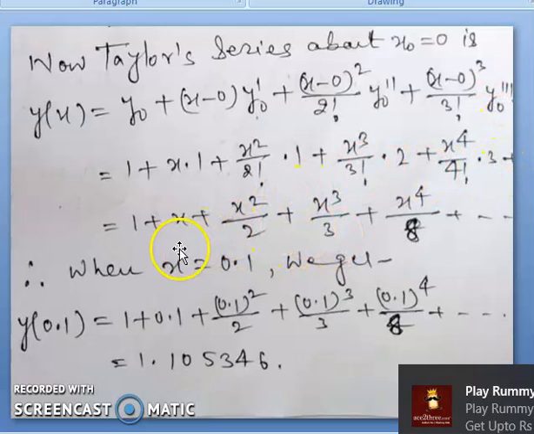After simplification, the equation becomes 1 plus x plus x squared divided by 2 plus x cube divided by 3 plus x to the power 4 divided by 8 plus dot dot dot. When x equal to 0.1, we get the desired solution 1.105346. So this is the solution by the Taylor series.